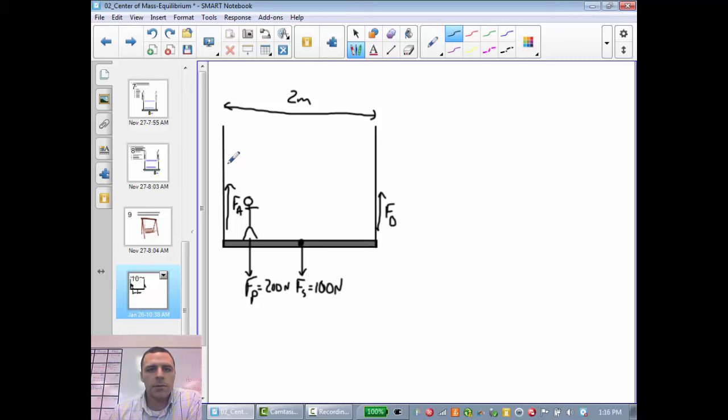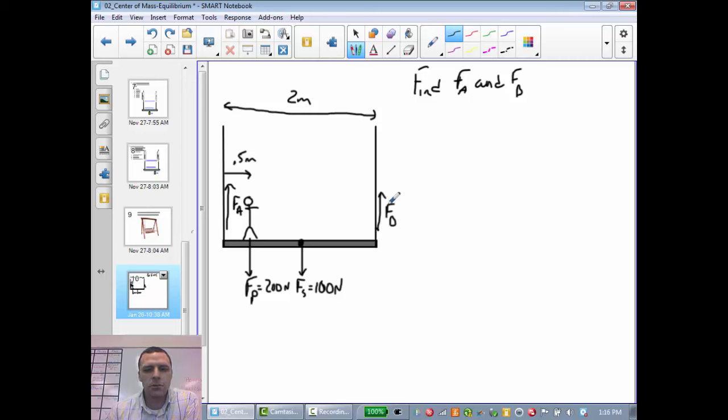One last bit of information we need is how far the person is from the end. Let's say they're 0.5 meters. The goal here is to find force A and force B.